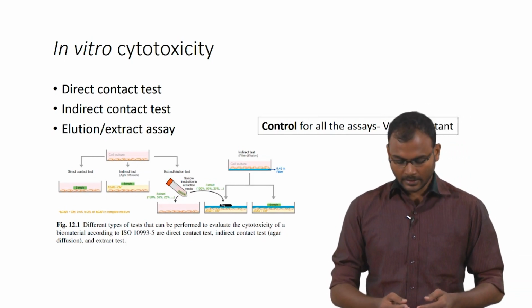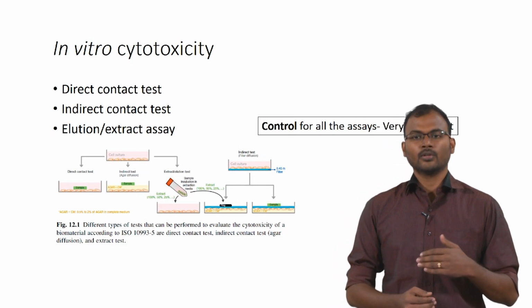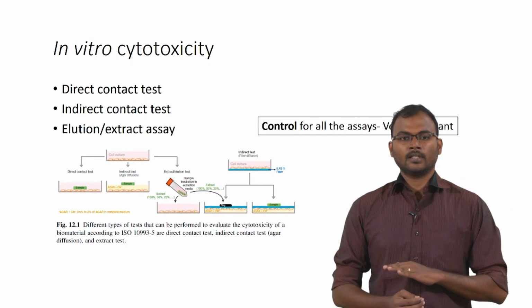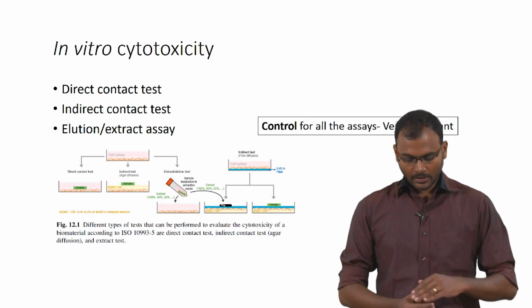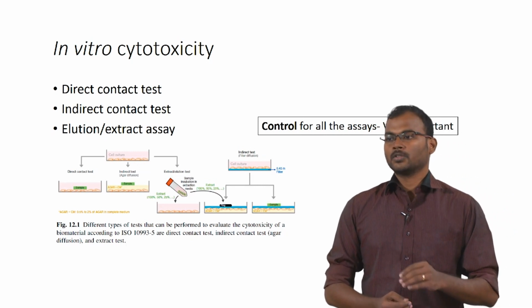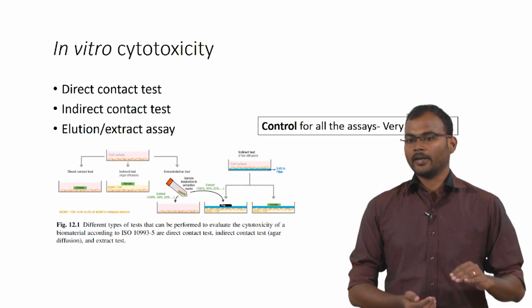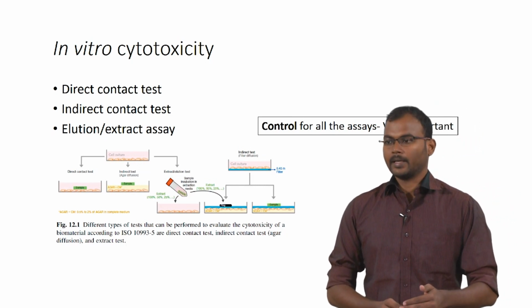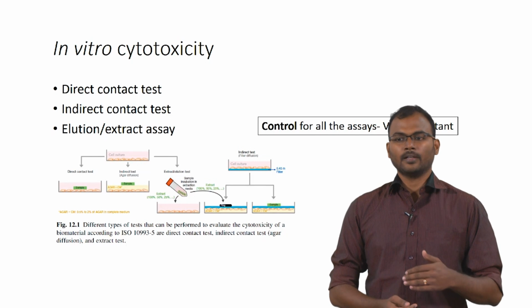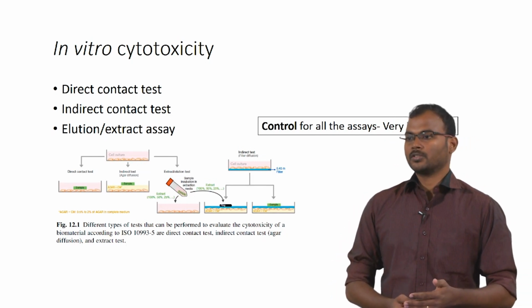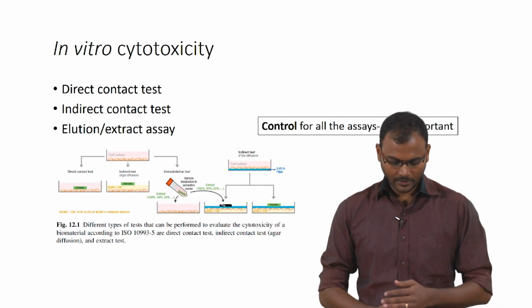As you can see in the right hand side top figure, first you grow the cells on a filter membrane. Then after the cells are adhered onto the surface, you invert it and put the sample on the top. Your sample is not exactly in contact with the cells, but the leachate of your sample would be going into the cells, and if it has any effect, it will kill the cells, or if it promotes the cells, it will have that effect.